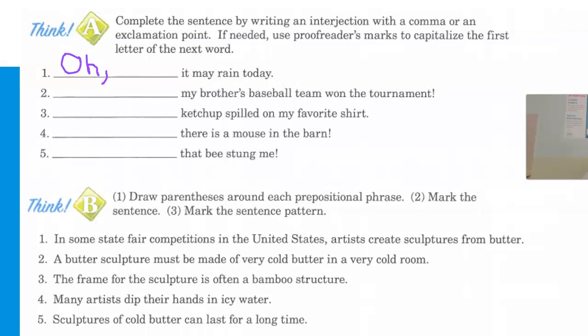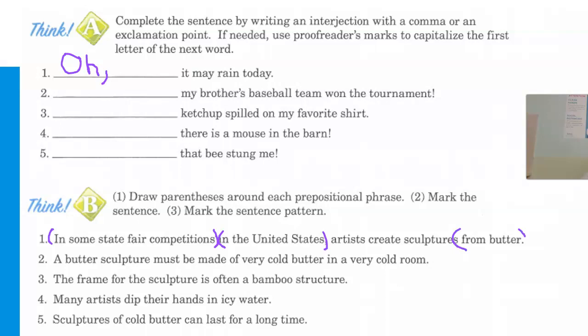So, in some state fair competitions in the United States, artists create sculptures from butter. Well, we have several prepositional phrases: in some state fair competitions in the United States, from butter.